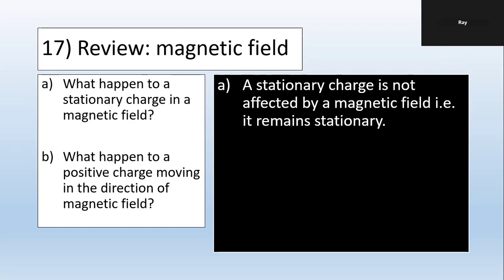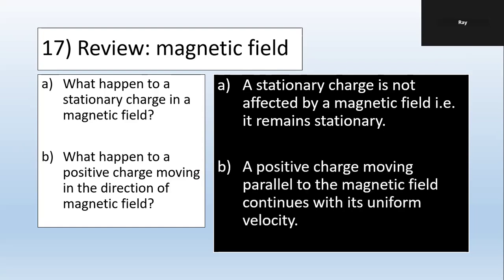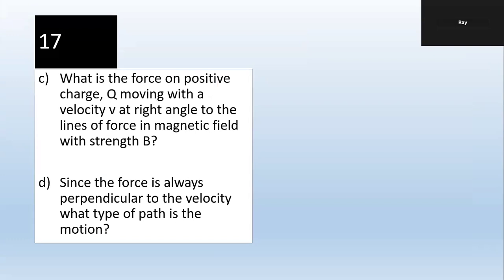Is it also nothing? It just continues with the same speed, the same velocity. Not deflected. Same direction, same magnitude. Not affected, unless it's at an angle. What is the force on the positive charge q moving with velocity v at right angle to the magnetic line of force of strength B? It's just to test your memory of the formula.